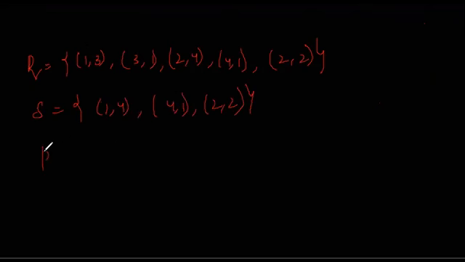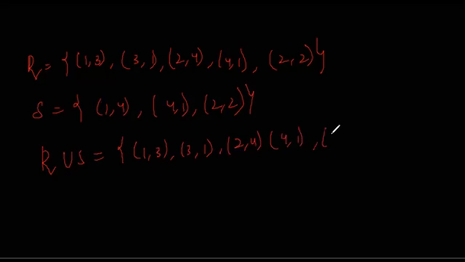Now in this case, R union S will be all the elements of R and S, and the one which is repeated twice should be written only once. So it will be (1, 3), (3, 1), (2, 4), (4, 1), (2, 2), and (1, 4). So this is R union S.